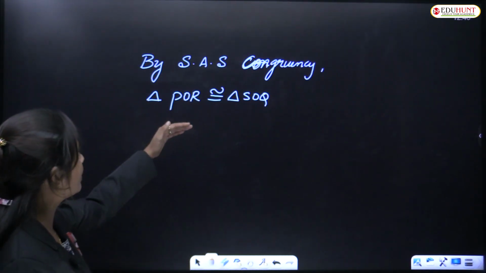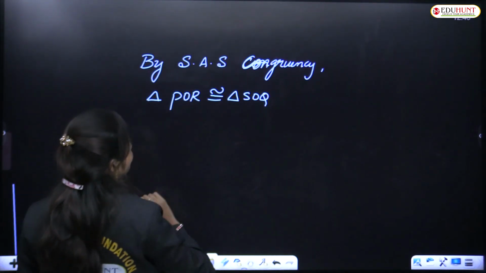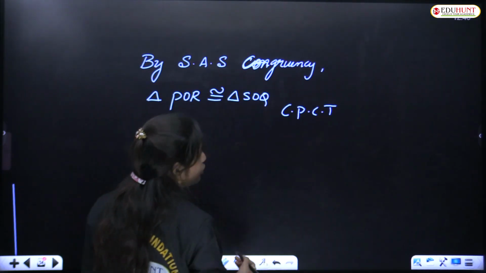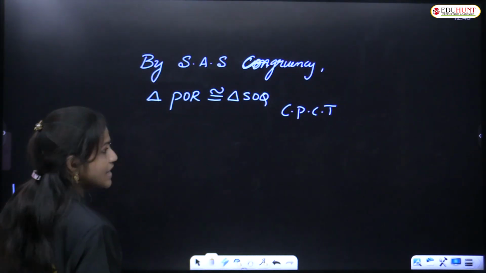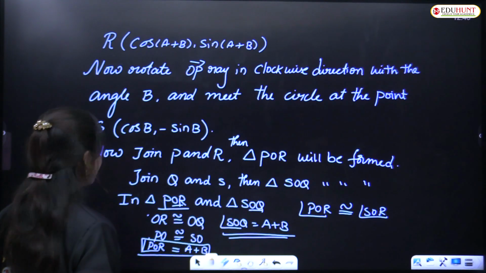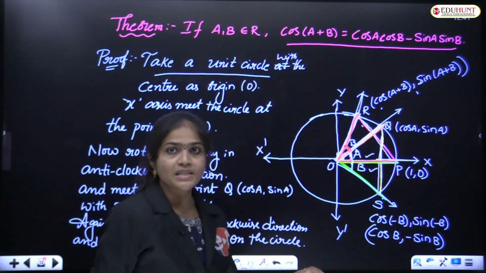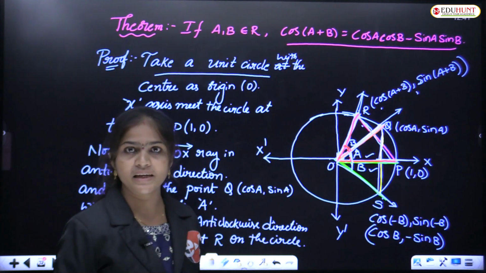Don't be confused, children. Step by step you have to observe. So here these two are equal by CPCT, corresponding parts of congruent triangles are equal, no? So if those two sides are equal, those two angles are equal, then here we can say another thing also. What is that? If two sides and angle are equal, automatically the third side of the triangle also will be equal.